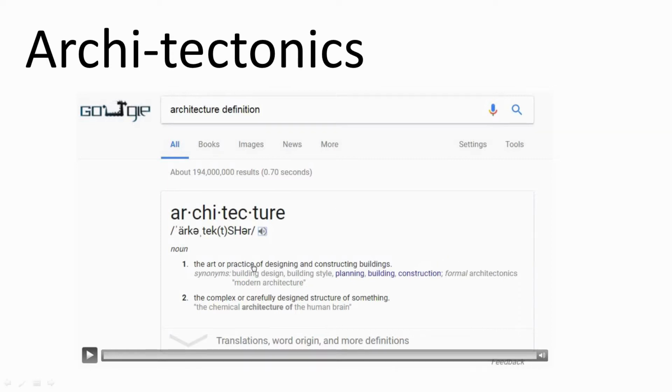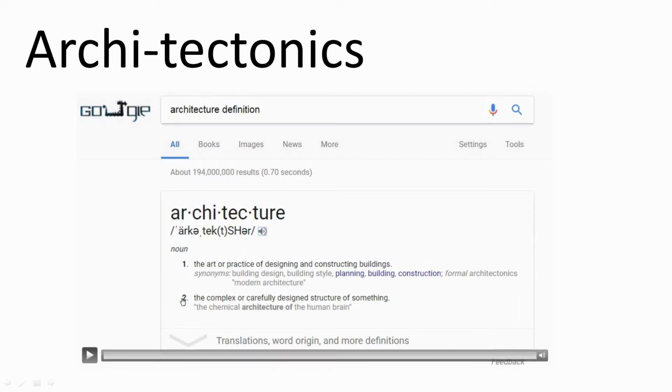The synonyms, that is to say words that mean kind of the same thing when we're talking about architecture, are building design, building style, planning, building construction, formal, the architectonics of modern architecture.